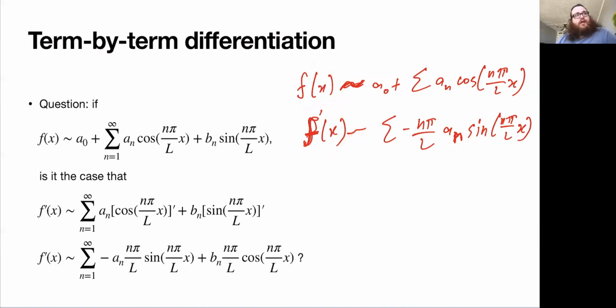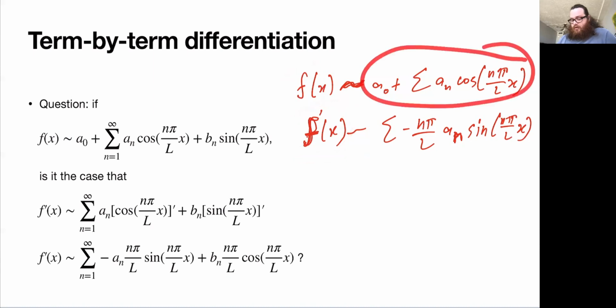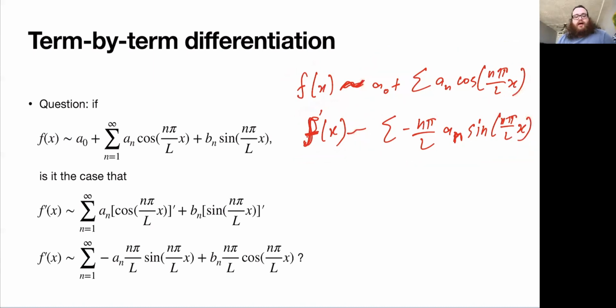Here the observation is coming through these series. But it turns out that in general, it's true that if you have an even function and you take its derivative, you're going to get an odd function. That fact motivates why we would expect some of these formulas to hold.